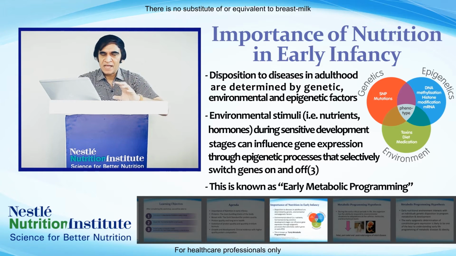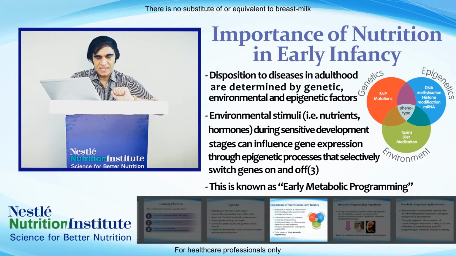We all know that this critical period of development is around puberty. So this is entirely related with nutrition, and this is the nutrition and epigenetics interlink we can find here.